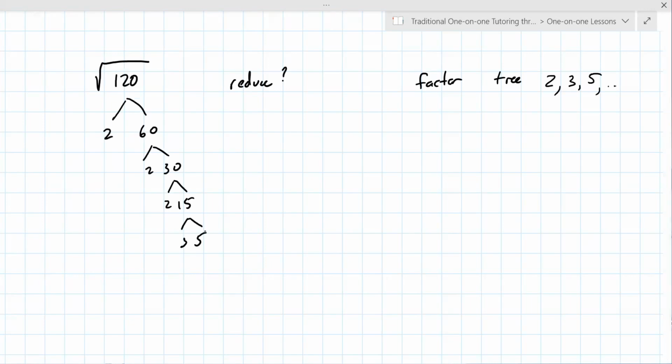And do you recall what to do from this point forward? Do you remember how you decide what stays inside the root and what comes outside the root? I think you group together.